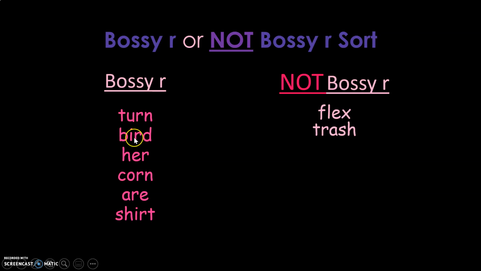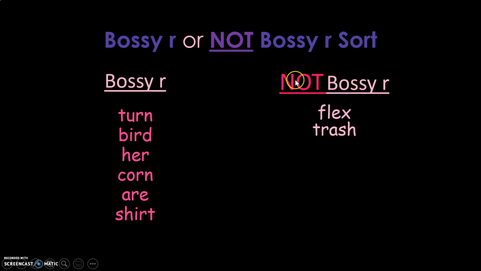Bird, another IR bad driver. Her, the ER is another bad driver. Corn, there you have the OR pattern. Car, this word has the AR, the pirate bossy R pattern, and the E is silent. And finally, shirt. And the IR says ur, bad driver.